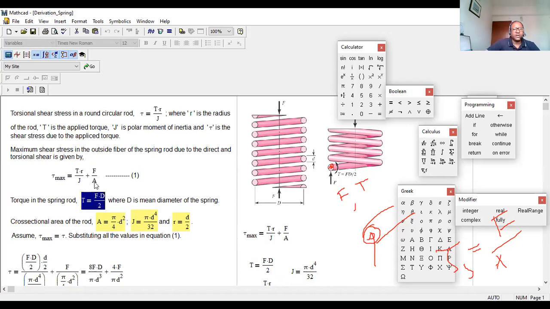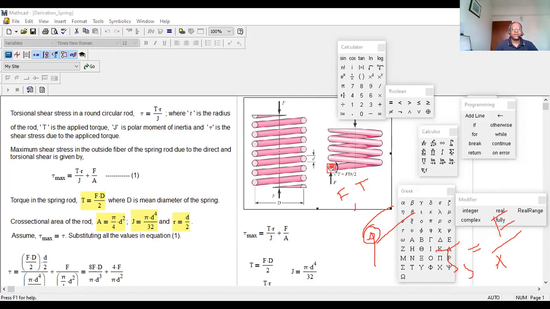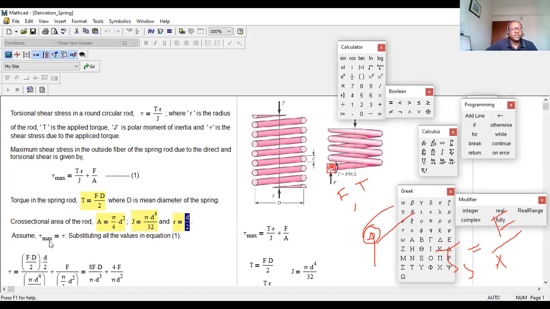And right over here, you need the area equal to pi by 4 d square, that means this small area. J is the polar moment of inertia of the spring wire, R equals d by 2. Now all these values, you just put over here.